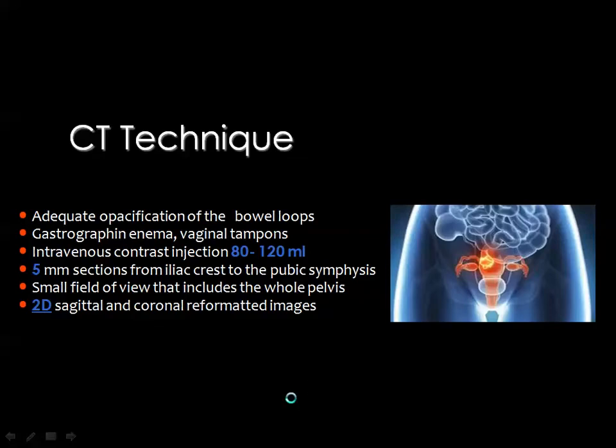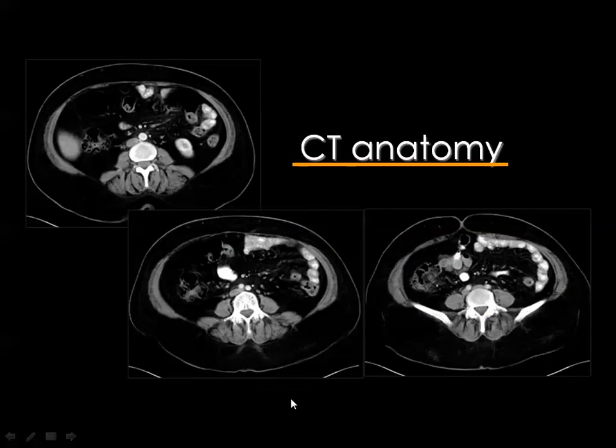Sometimes we need to have the sagittal and coronal reformatted images, which are usually helpful in almost all of the cases. This is the regular anatomy of the pelvis, and we start almost near the iliac crest, where we do not usually see anything apart from the bowel loops, and we can see the inferior part of the left kidney, as in this case, and also the inferior part of the liver.